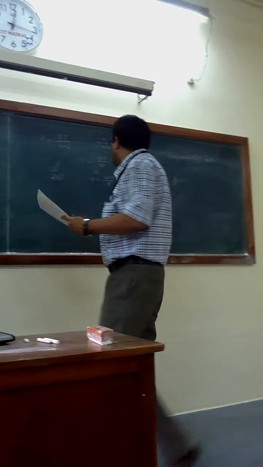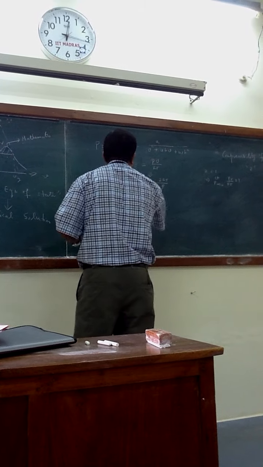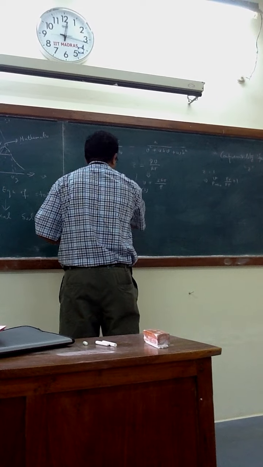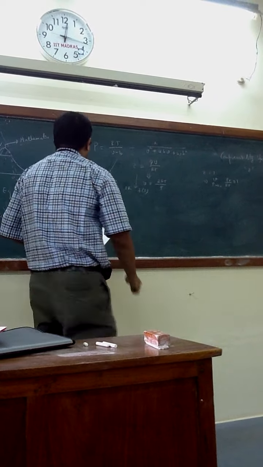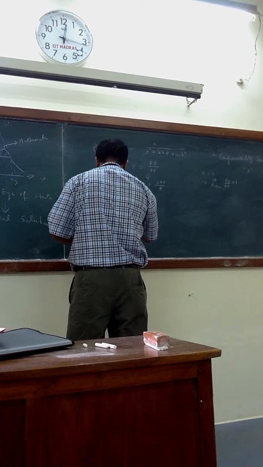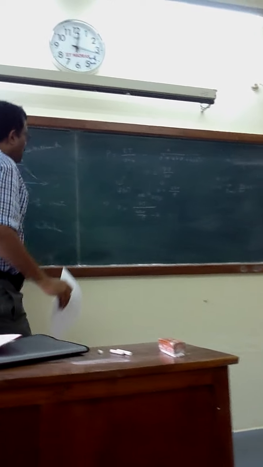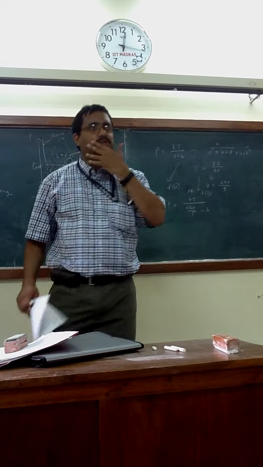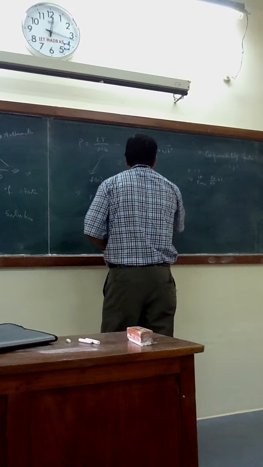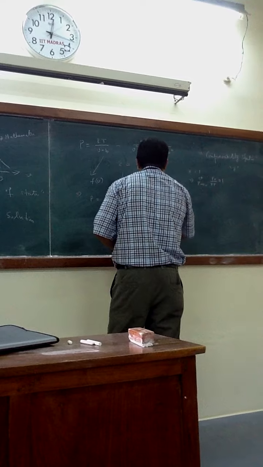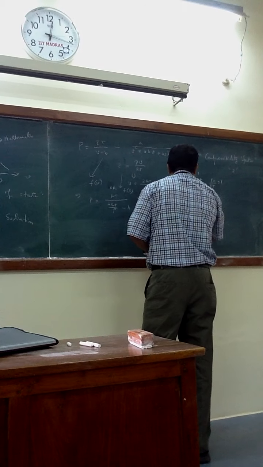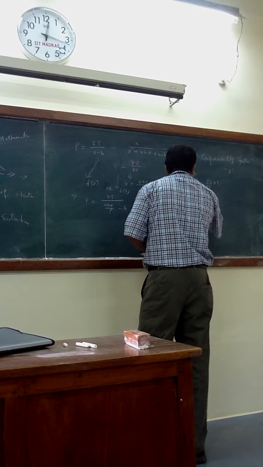Or you can directly write this as a function of Z. So we can write this as RT by Z RT by P minus B. Substituting V by Z RT by P: RT divided by Z RT by P minus B, minus A divided by Z RT by P whole square plus UB Z RT by P plus WB square.